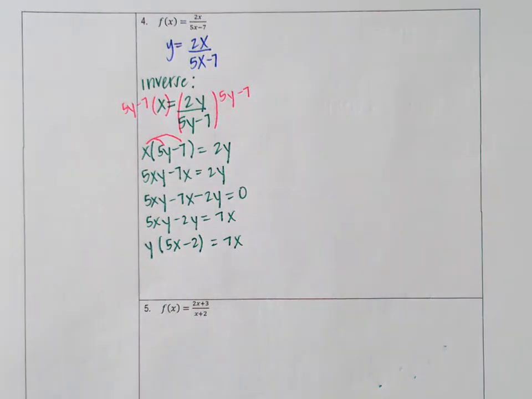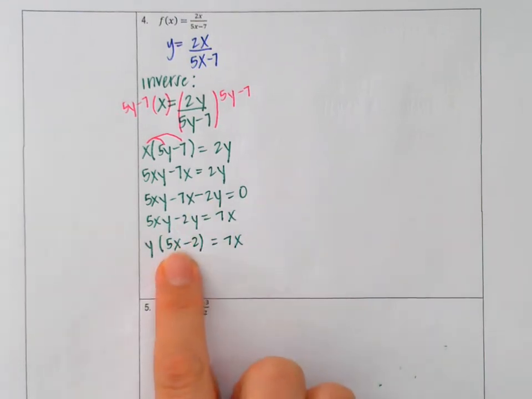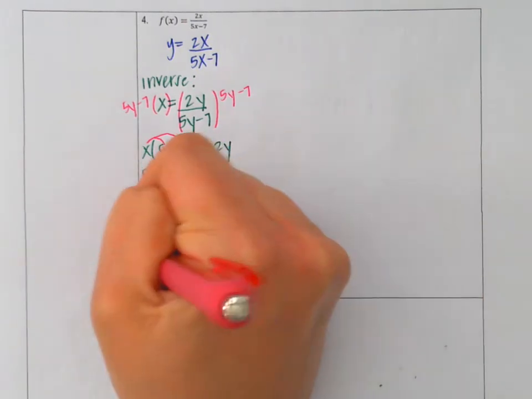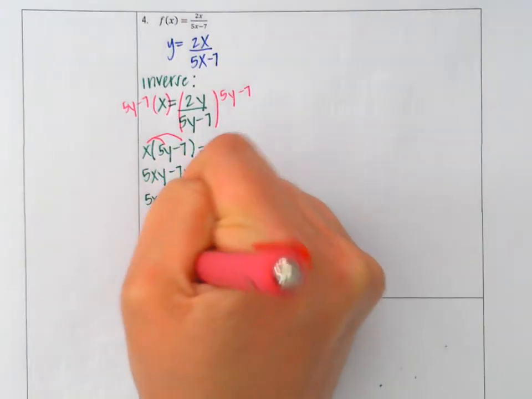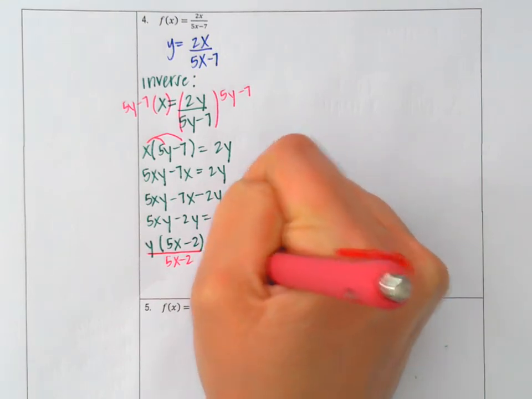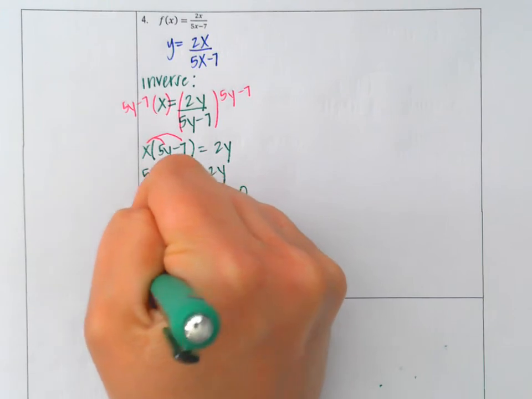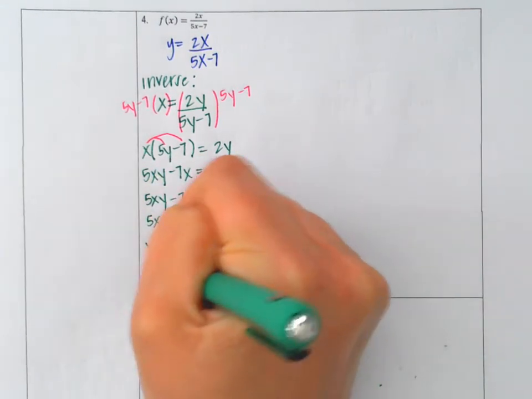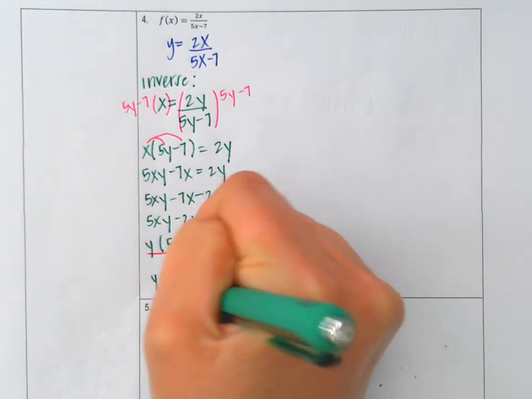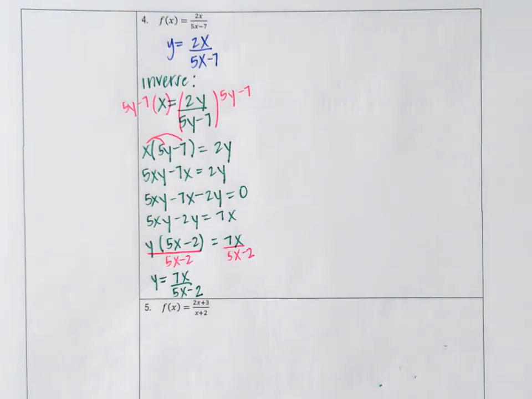Now that I factored out a y, how can I get y by itself? Well, I can divide both sides by this expression, 5x minus 2. And that will get me y by itself. And that's my answer, and that's my inverse.